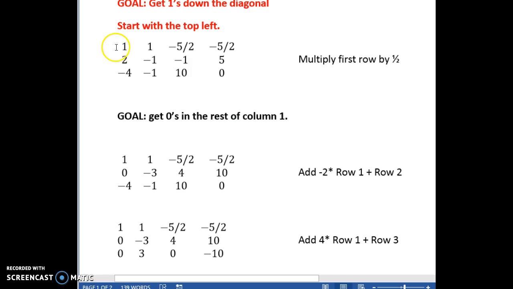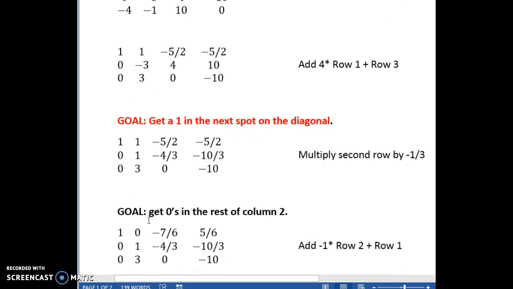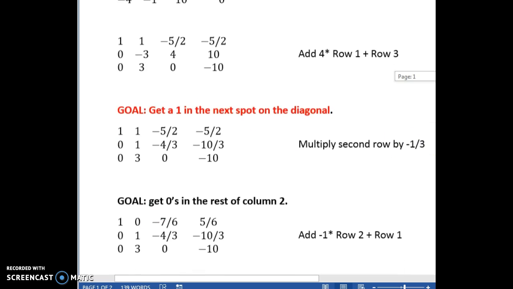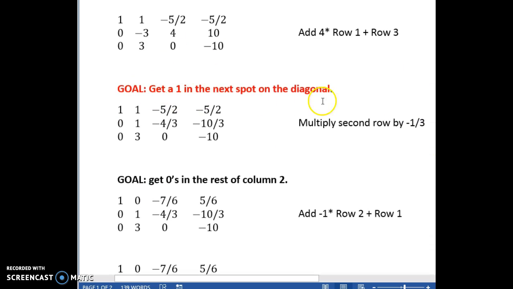I need to multiply 1 by a positive 4 to cancel out the negative 4. So start by getting the 1 in the spot on the diagonal, and then multiply that row by what you need in order to add it and cancel out the rest of that column. Alright, so there you have that first column, looks good. And just moving down, you want to get a 1 in the next spot on the diagonal.